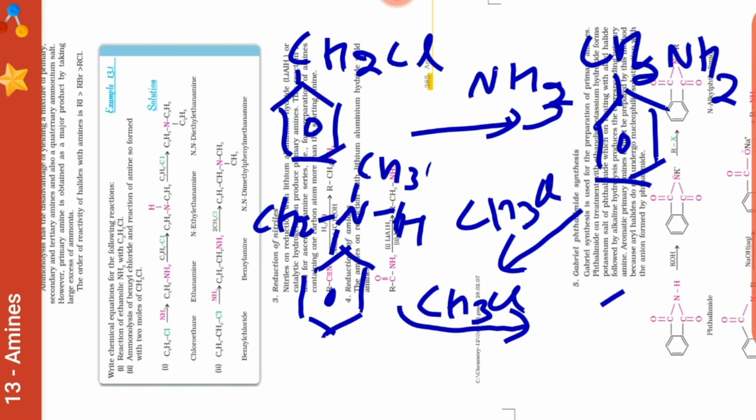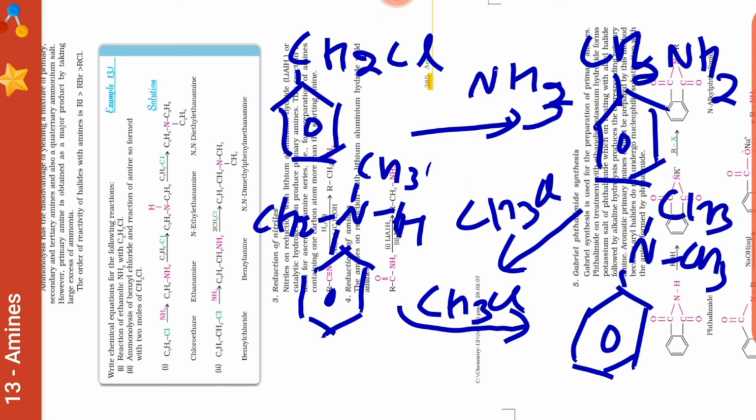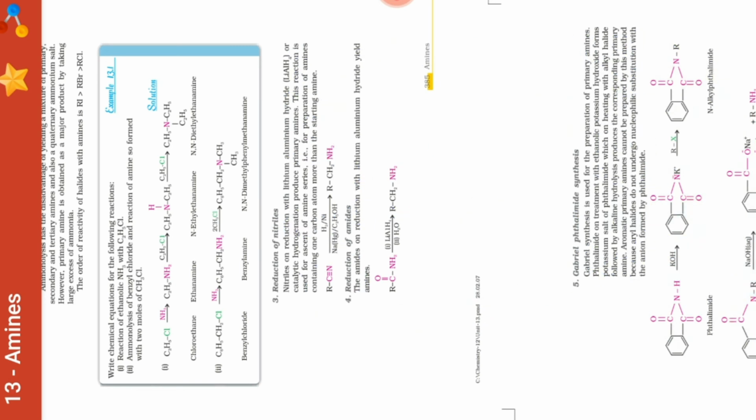Then it will be N with two CH3 groups and C6H5CH2. Is that clear, beta? 2 alkyl groups will be there. Are you getting my point, all of you? This is not a difficult question. It was an easy question.